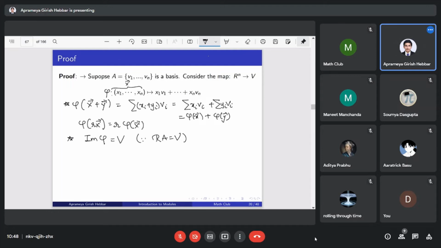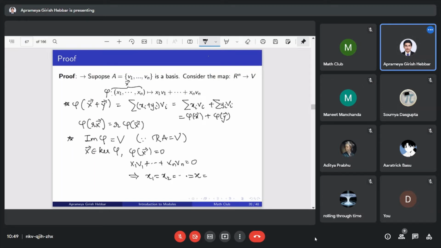And is it injective? Let's suppose that x belongs to the kernel of phi, that is, phi of x is equal to 0. Now what happens? x1 v1 plus up to xn vn equals 0. Since v1 up to vn were independent, this would imply that each xi is 0.